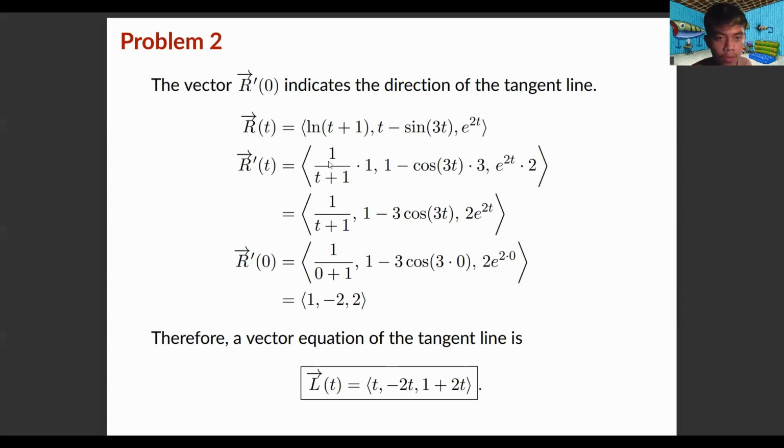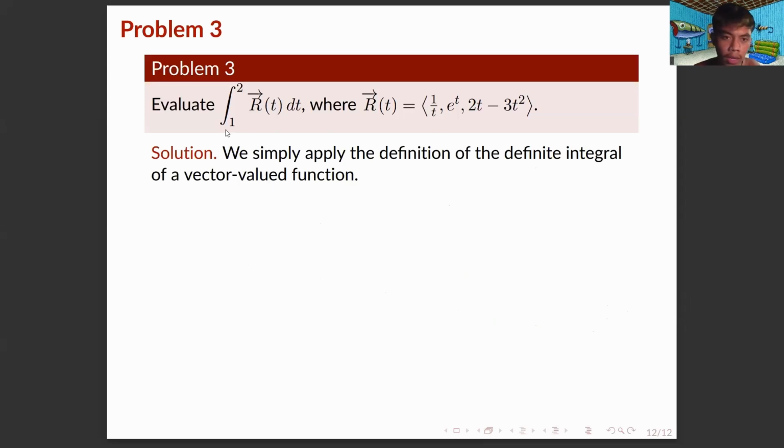Okay, so for the last problem, we evaluate the integral of r of t dt from 1 to 2, where r of t is equal to (1 over t, e raised to t, 2t minus 3t squared). Okay, so for the solution, we simply apply the definition of the definite integral of a vector valued function.